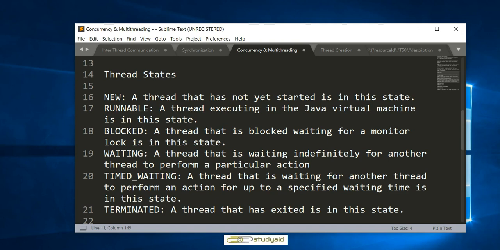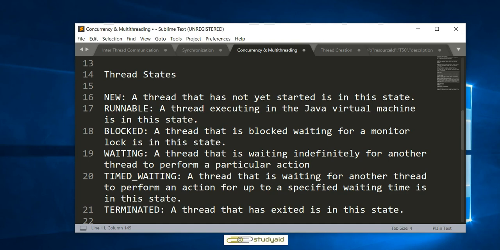So this thread is waiting for another thread to do something, and then this thread will start working. This is called the waiting thread. The timed waiting: a thread that is waiting for another thread to perform an action for up to a specified waiting time is in this state. And then terminated: the thread is done with processing the work, and then it goes to the dead situation. That means it is terminated.